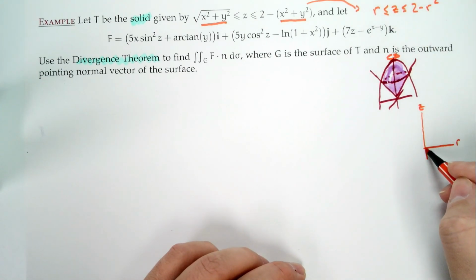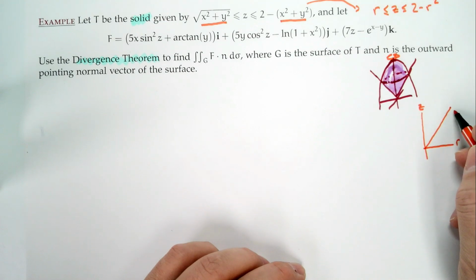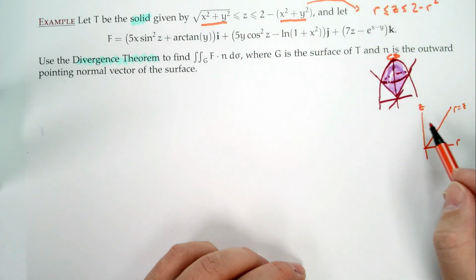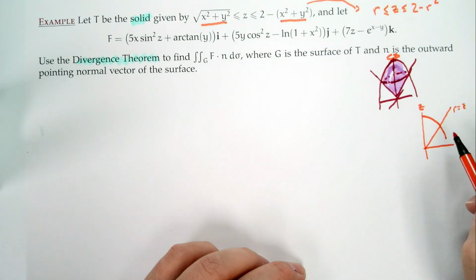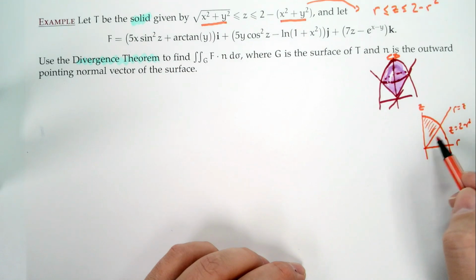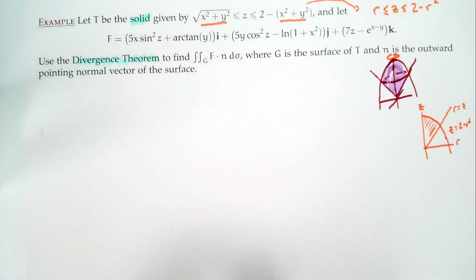R equals z is this line. And then z equals 2 minus r squared. Well, that's our upside down parabola. So this is our z equals 2 minus r squared. So what's happening is that this is our region. Then if we just rotate that around, that's our shape that we get.